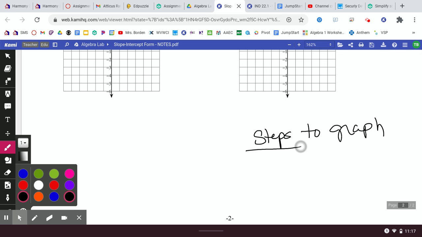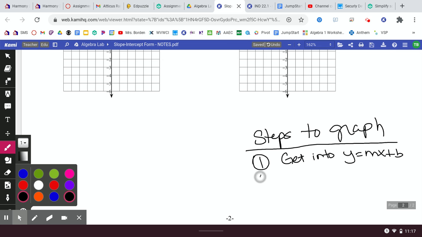Okay, steps to graph. Step 1 is you're going to get into y equals mx plus b. That might take a little bit of algebra. That might take a little bit of moving and grooving, okay? But you're going to get your equation into y equals mx plus b. Step 2 is you're going to graph your b. Remember, that's where you begin.